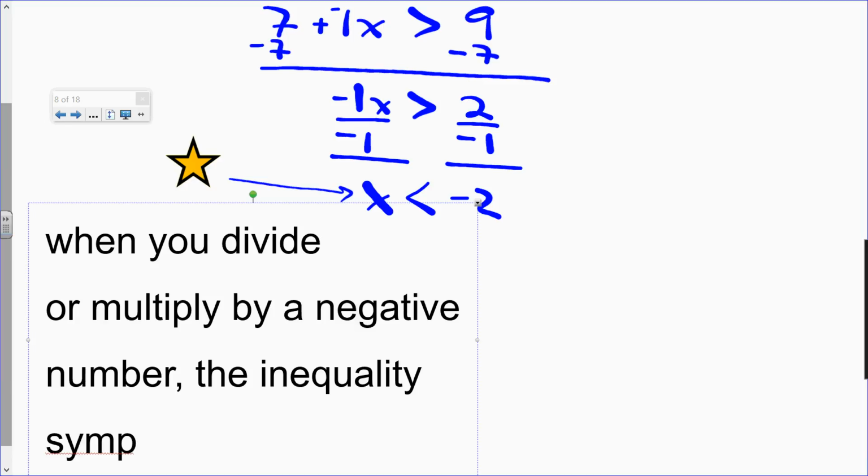Symbol flips, I'll put it. Okay, that's what I need you to remember.